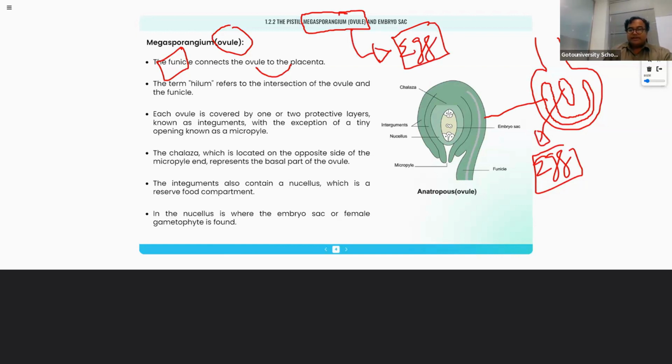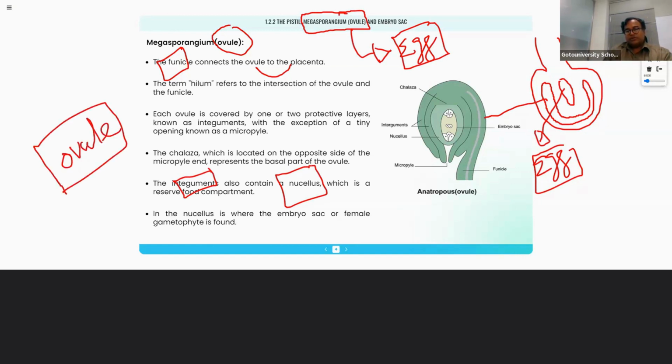So we need to understand the nucellus structure, and the integument is the coverage of the ovule, which is going to nourish the ovule. Why does the ovule require nourishment? Because once the fertilization is completed, it is going to slowly become the seed. If I need the seed, I need the ovule. Where does fertilization happen?